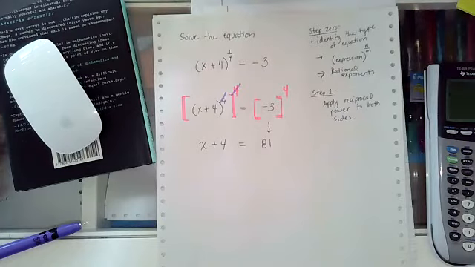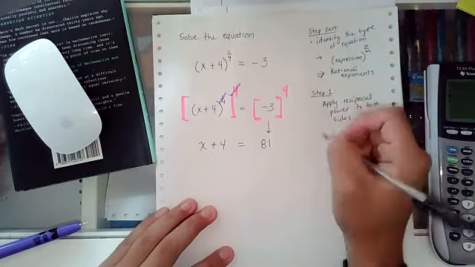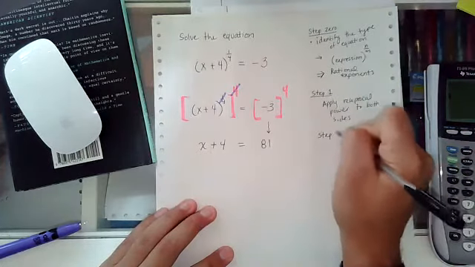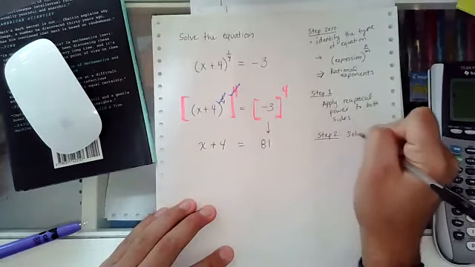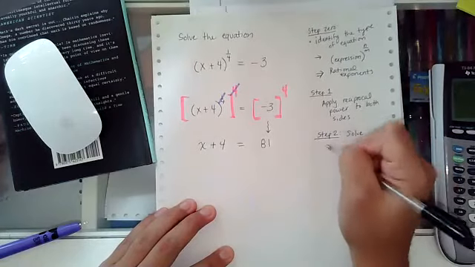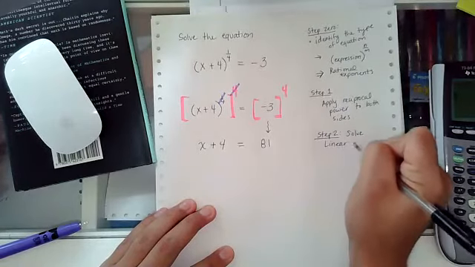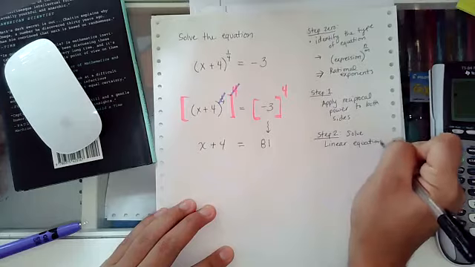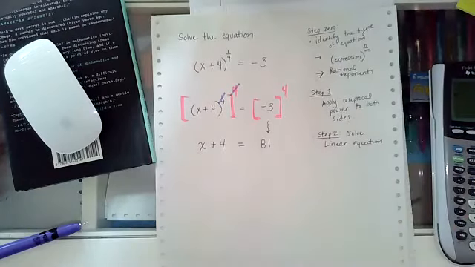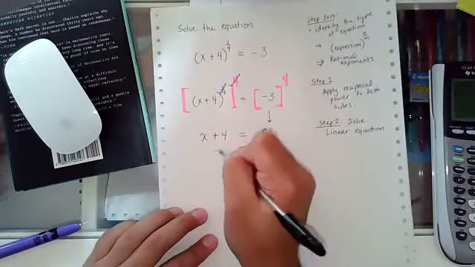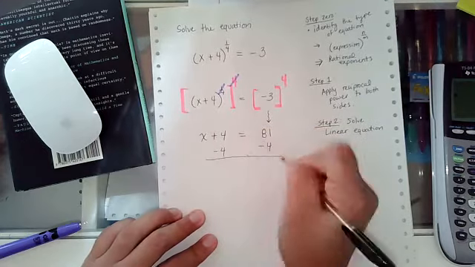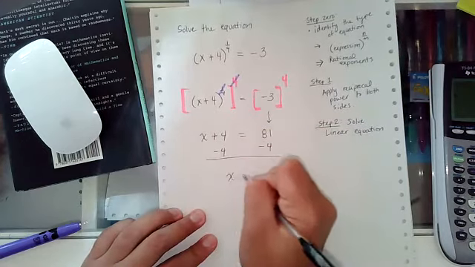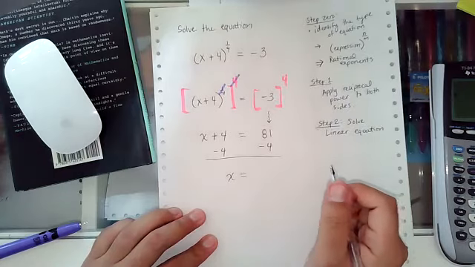And we just have a simple linear equation now, right? So step 2 is solve the equation. In this case, we're solving a linear equation. And to solve linear equations, we're just going to move stuff around and isolate the x. So all I'm going to do is subtract 4 here, subtract 4 here, and x is going to be equal to 81 minus 4.